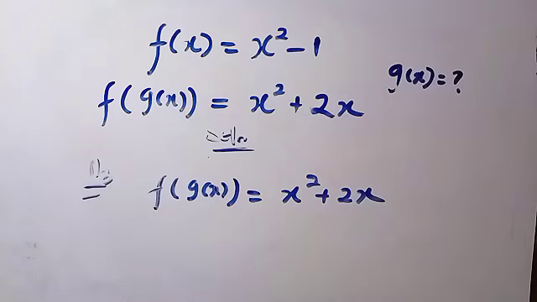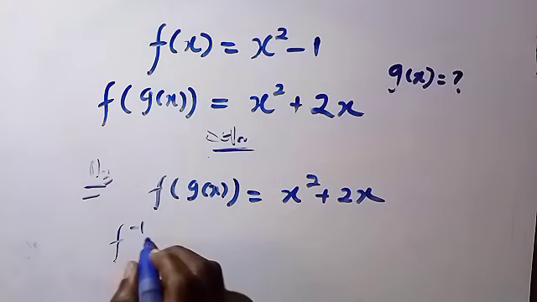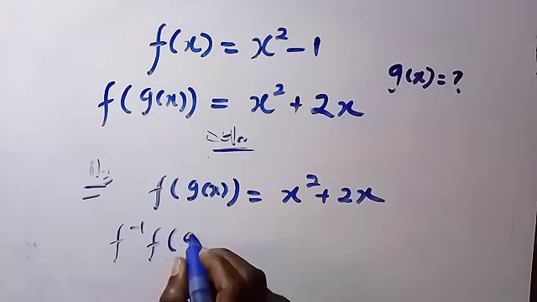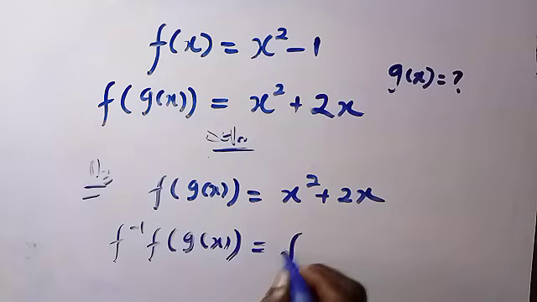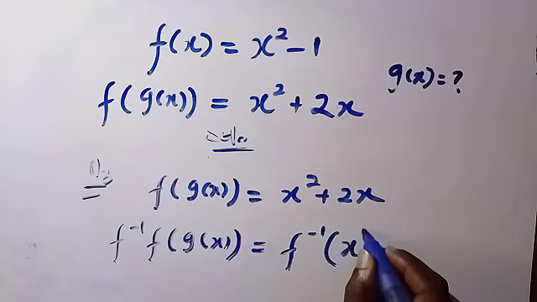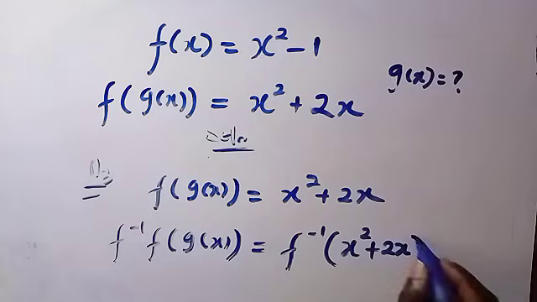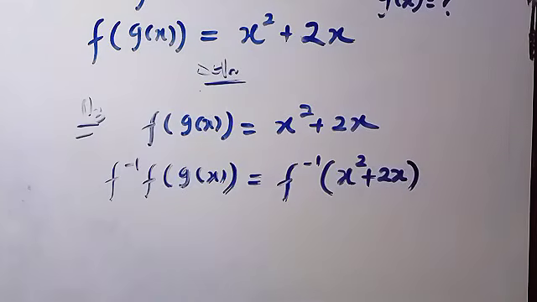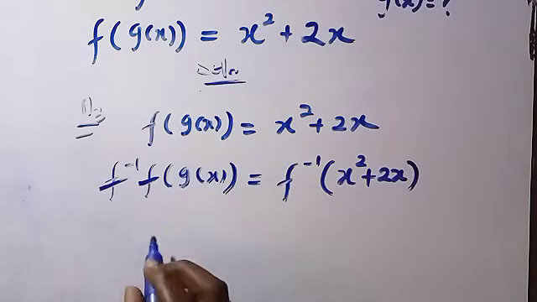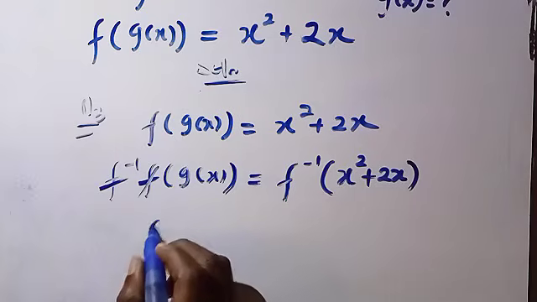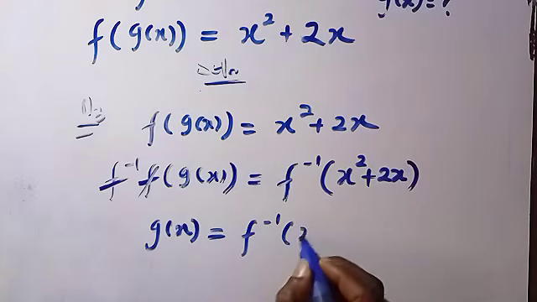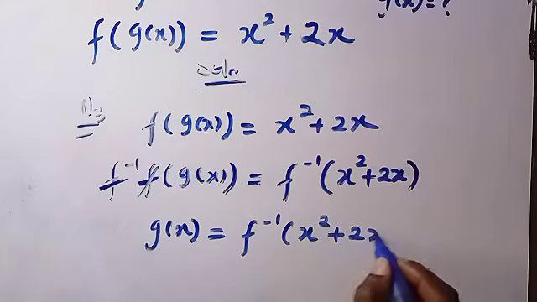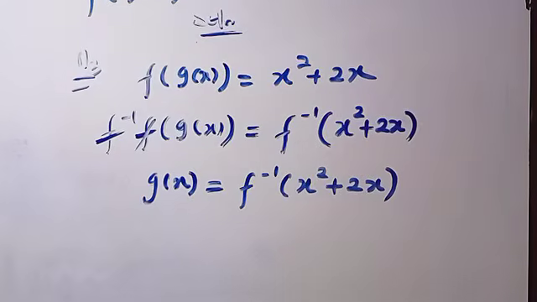If I take the inverse of both sides, we are going to have f inverse of f of g of x equals the f inverse of x squared plus 2x. And with this, f and f inverse cancel. So this gives us g of x equals the f inverse of x squared plus 2x.